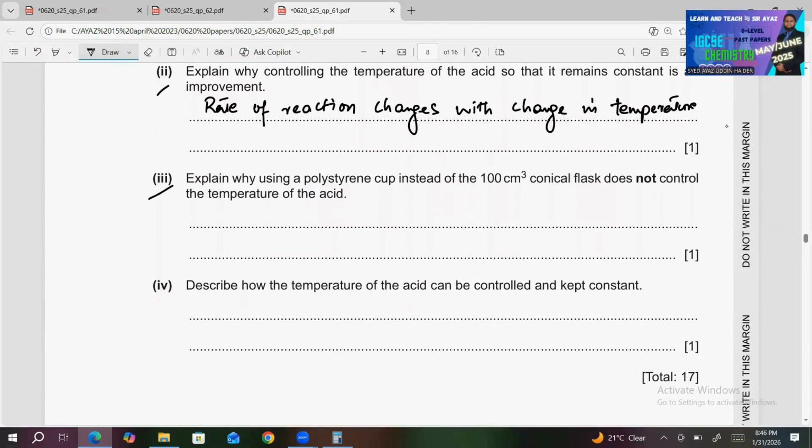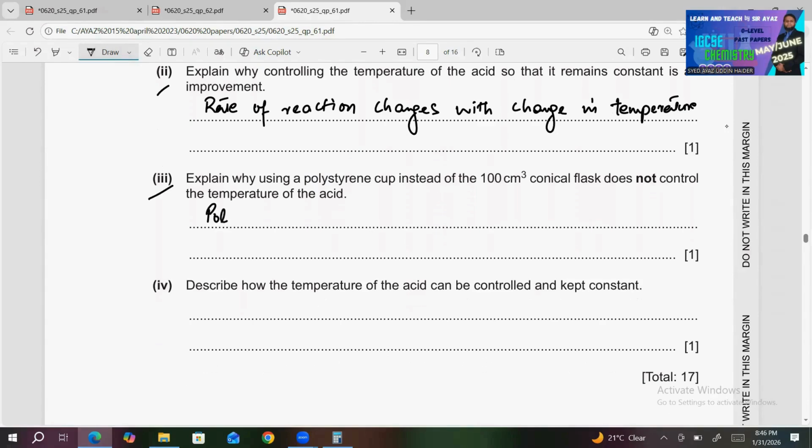Number 3, explain why using a polystyrene cup instead of the 100 cm³ conical flask does not control the temperature of the acid. Polystyrene, it's an insulator and therefore prevents heat escaping.